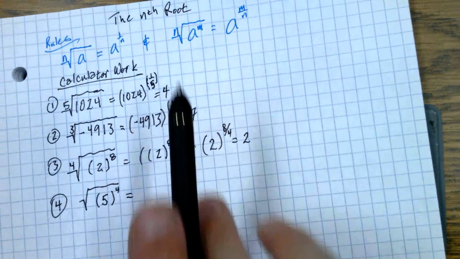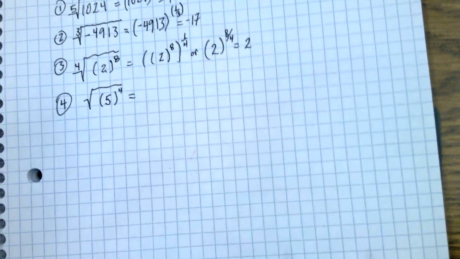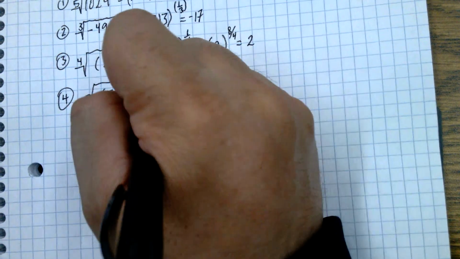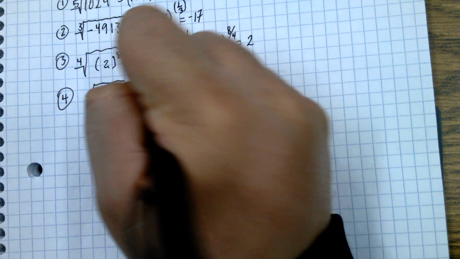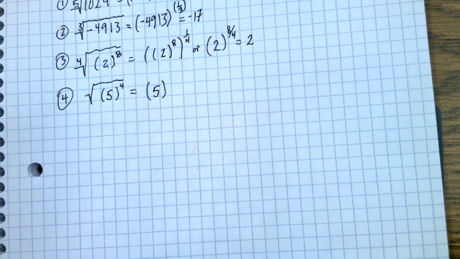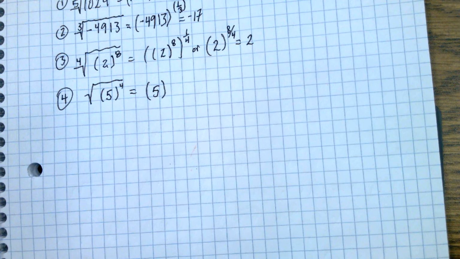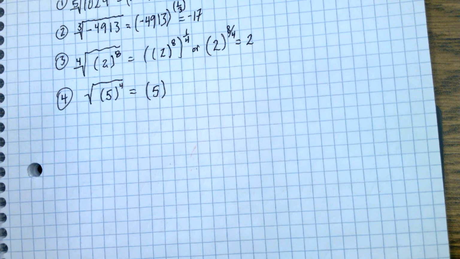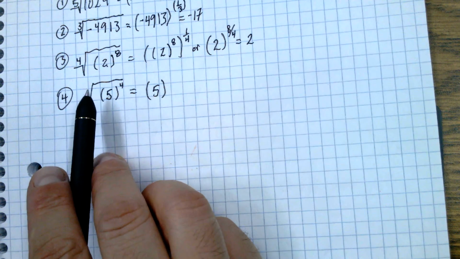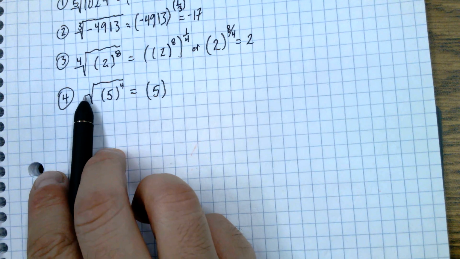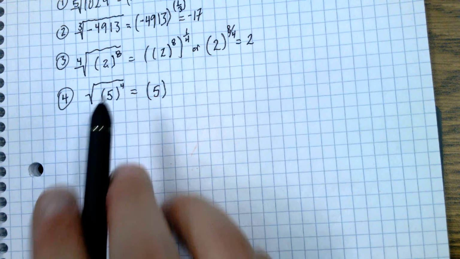Using this rule, if you see this, how would we write it here? 5 to the what power? Essentially it'll be 1/2 maybe, or will it? What's our index? What's the number that goes here? 2. And this is 4.